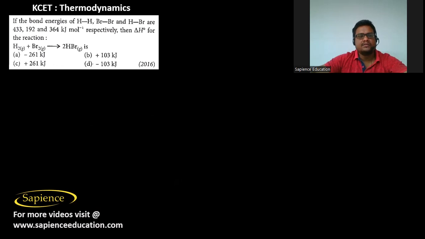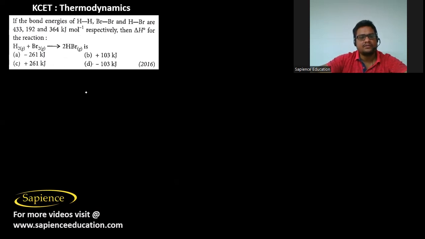Then it is told that if the bond energies of H-H, Br-Br, and H-Br are 433, 192, and 364 kilojoule per mole respectively, then delta H naught for the reaction is, here delta H naught is the standard enthalpy change for the reaction. Okay.